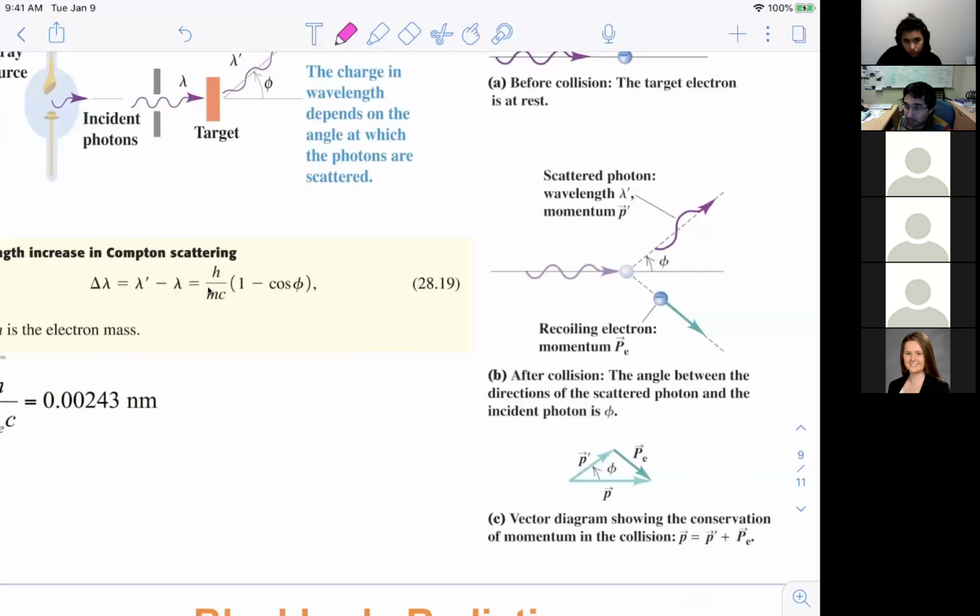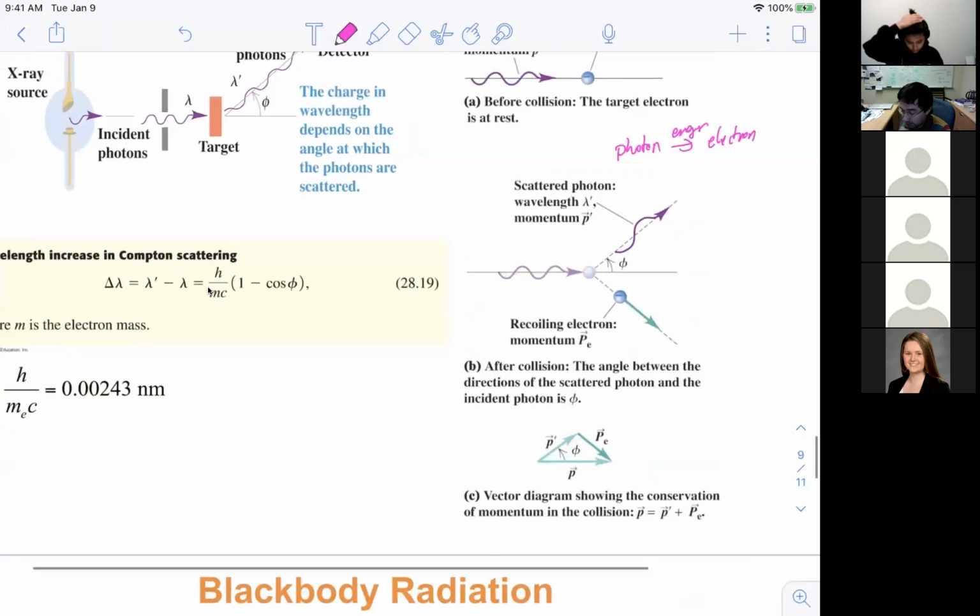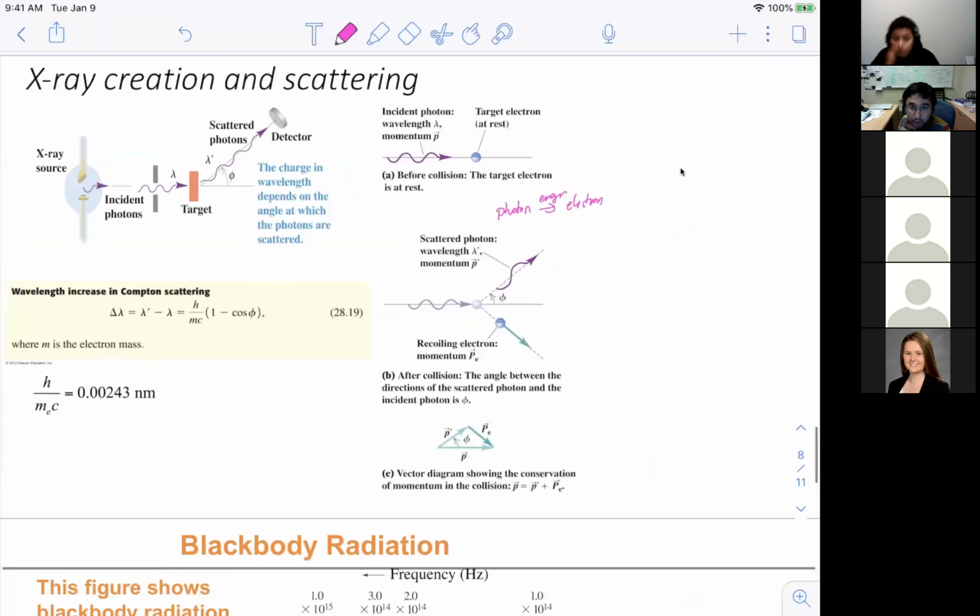During this time, the photon gives some energy to the electron. So if the energy of the photon decreases, the wavelength increases, right? And then the collided electron gains momentum because it starts to move, right? This is what you need to remember.